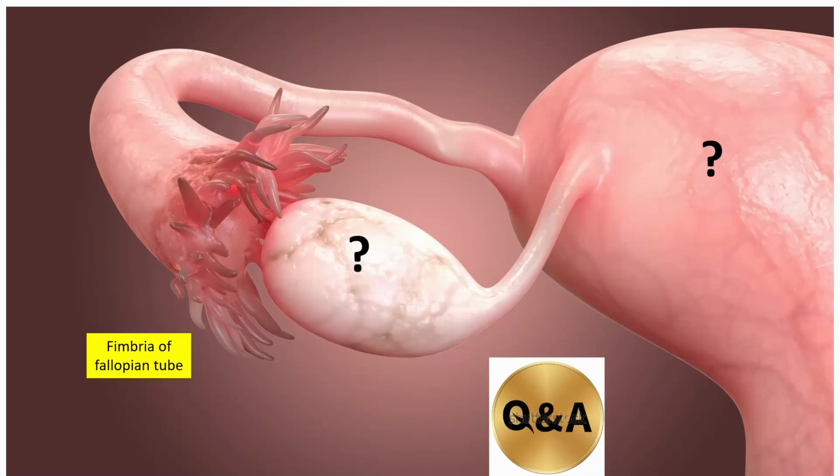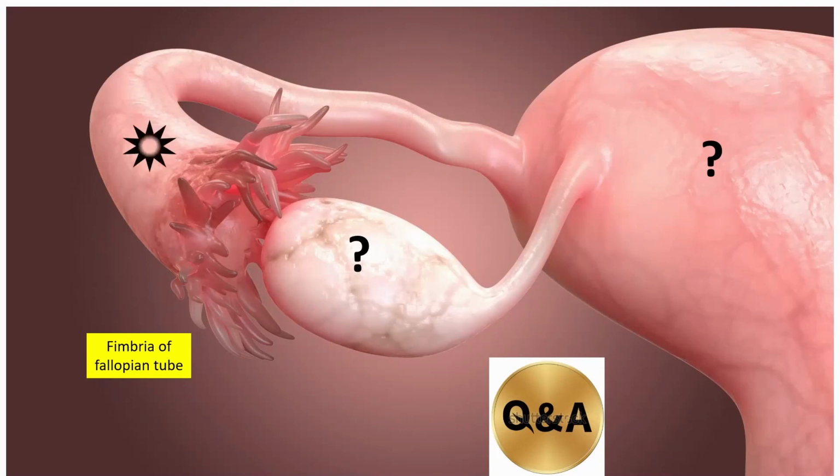These arms are coming from the last part of the fallopian tube or the uterine tube, trying to surround the ovary so that when the ovum is thrown out, these fimbria will catch the ovum and take it in.